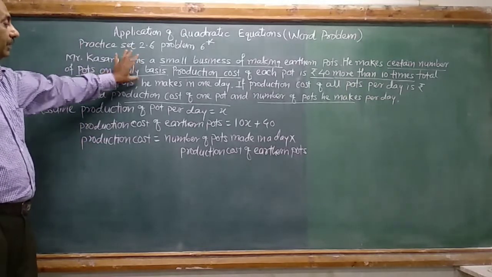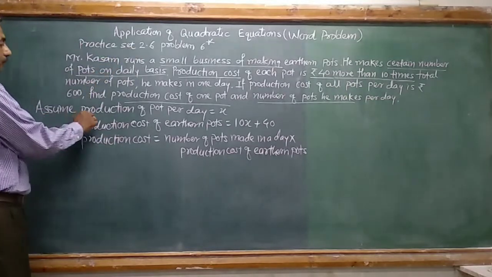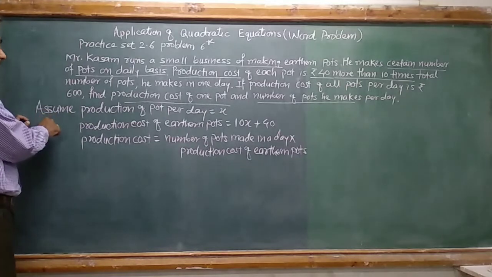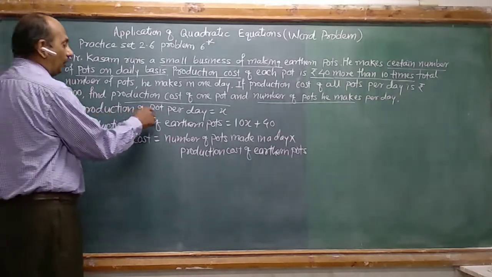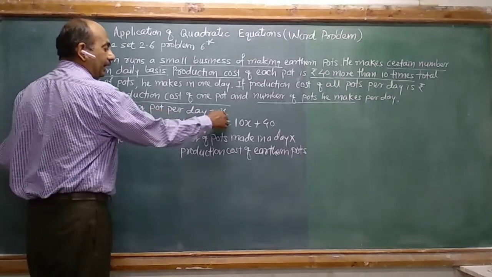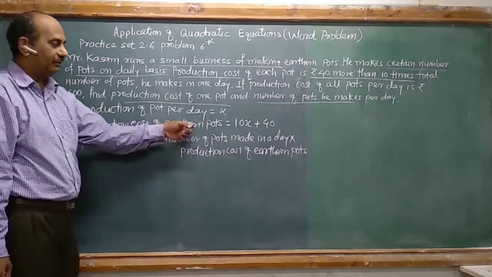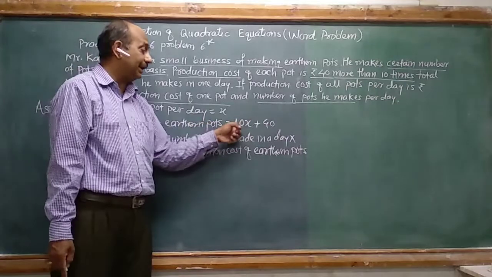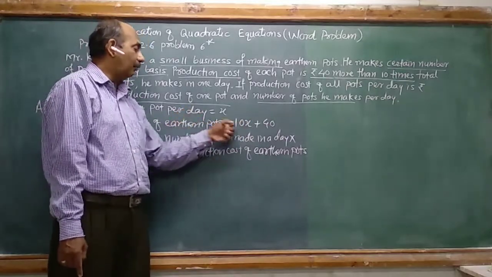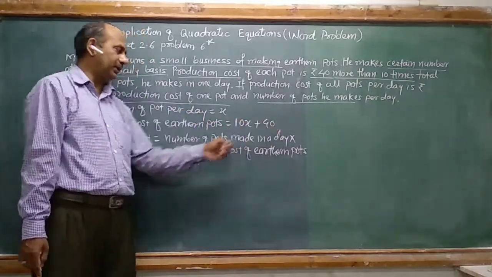So here what we have assumed is that the production of pots per day is equal to x number. Then the production cost of each earthen pot, it is given 10 times, so 10x plus 40.